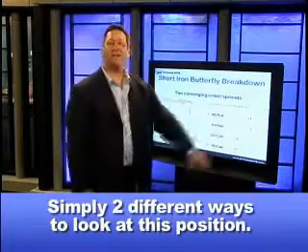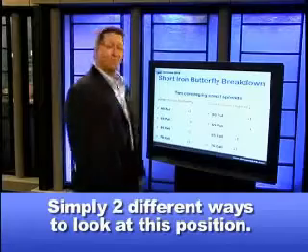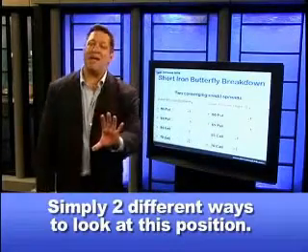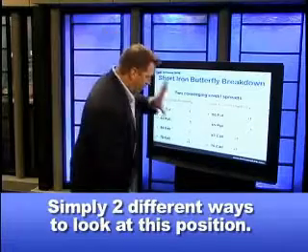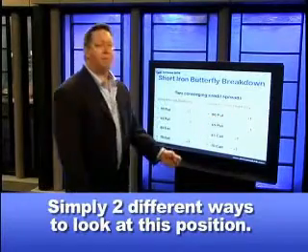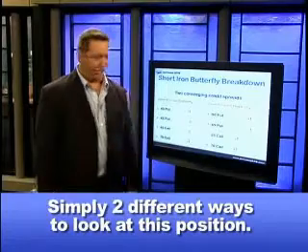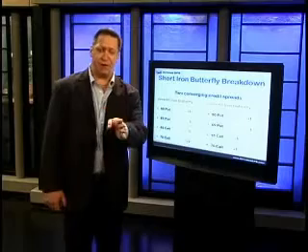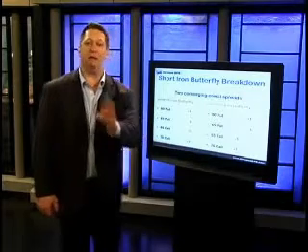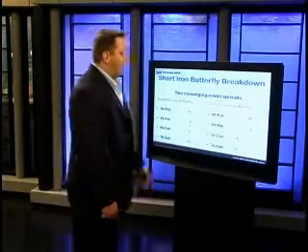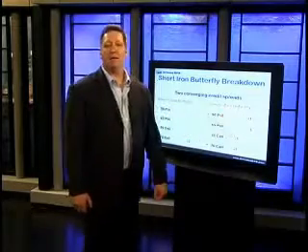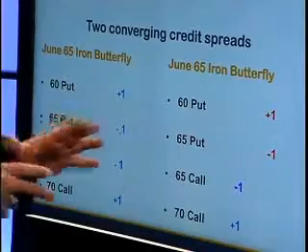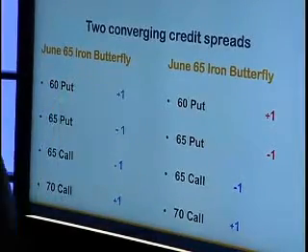It also breaks down, as I said, to 2 different vertical spreads. And I said that you can see how the iron butterfly simply takes the conventional butterfly, takes away the long vertical spread of the long conventional butterfly, and substitutes in a short vertical spread instead. What we have here is two converging credit spreads.